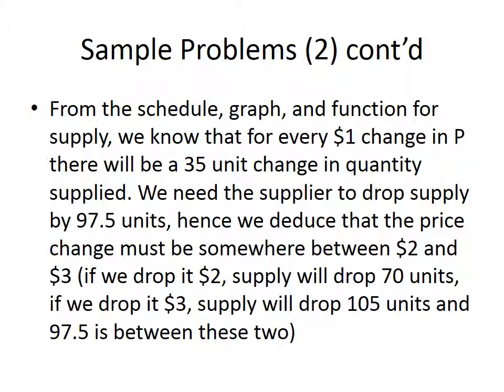Well, 97.5 is somewhere between 70 and 105. So we're going to have to drop that price somewhere between $2 and $3. Okay? We know this going in. We can just eyeball it and see that. That's just a guesstimate. We want to figure out precisely how much we have to drop it. We'll do that in the next slide.